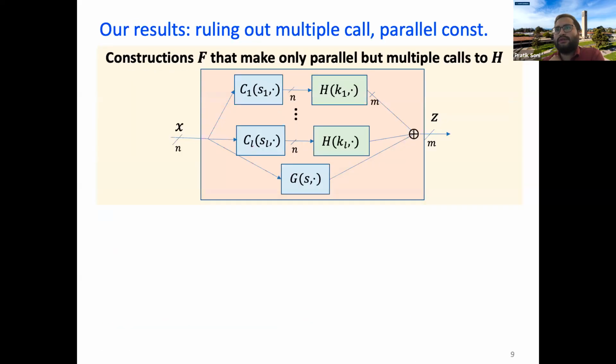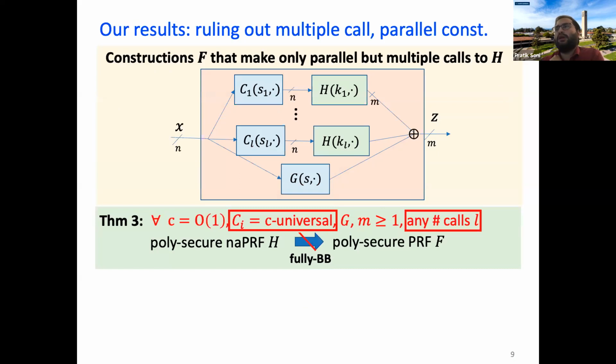That part was talking about this result specifically. Here we show that the number of calls, which is denoted by L here, doesn't need to be a constant. It can actually be a function of the input length n, and you could make polynomially many calls. I see. So it just says that this sort of combiner construction, no matter how many calls you make, is not going to suffice for this transformation.